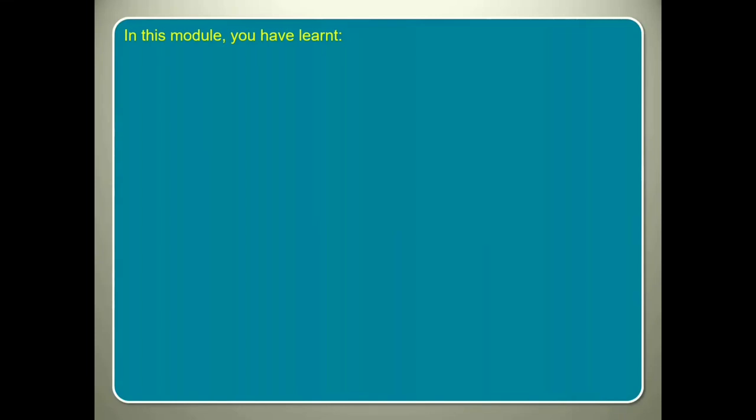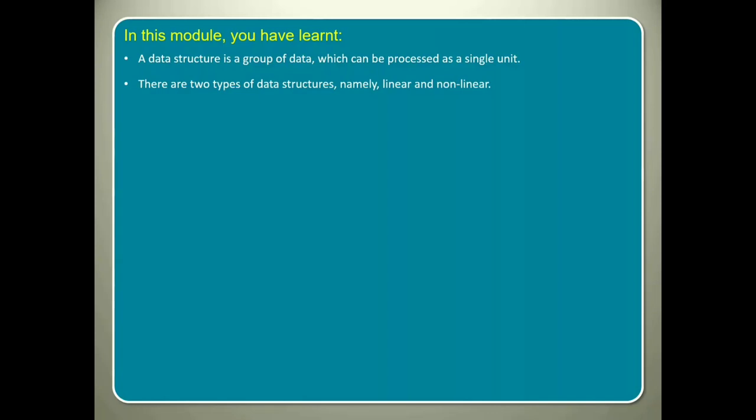In this module, you have learnt a data structure is a group of data which can be processed as a single unit. There are 2 types of data structures, namely linear and nonlinear.